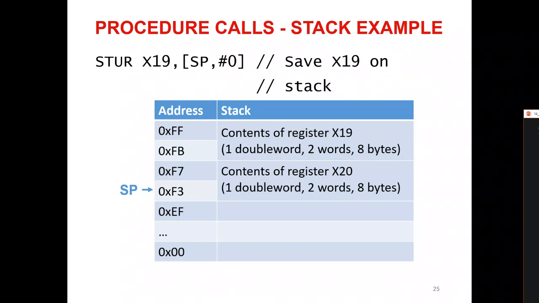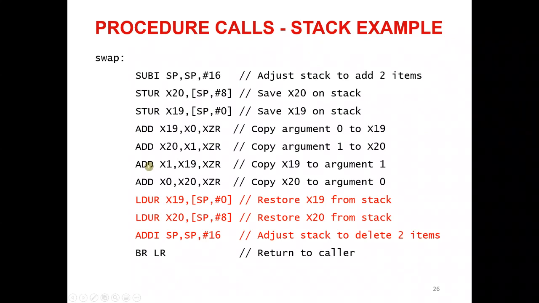Now imagine that we do whatever we want to do with our procedure. Here I have done those instructions, but it's just for completeness, and I'm not interested in those instructions. I'm interested in whatever I have done with register 20 and register 19 inside my procedure.